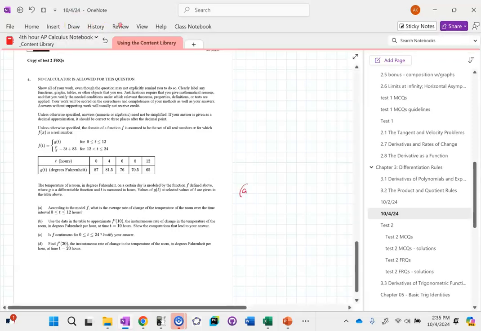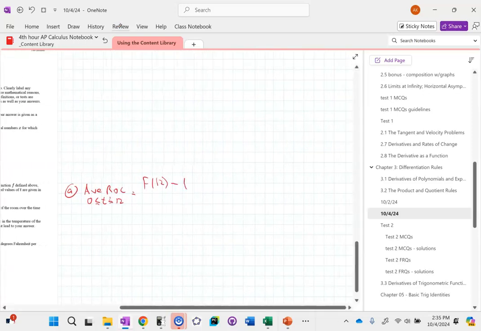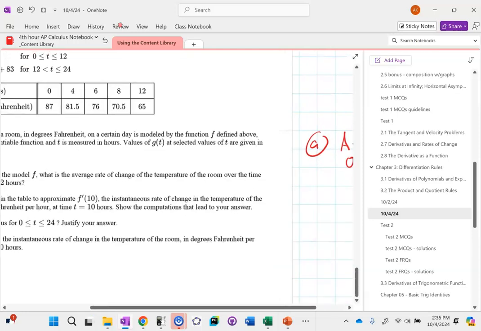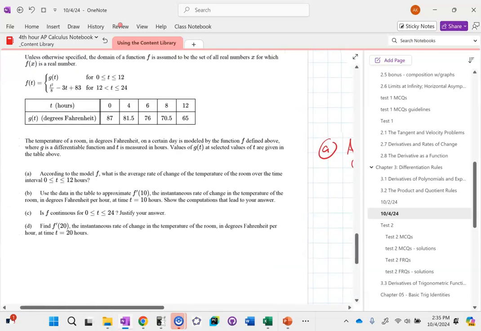It's not, so I'm not going to bother. And then I plug my numbers in. Feel okay? So the key there is that average rate of change means slope.